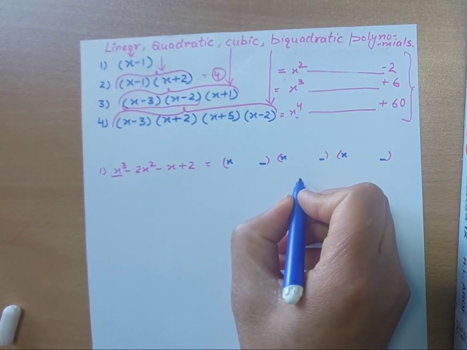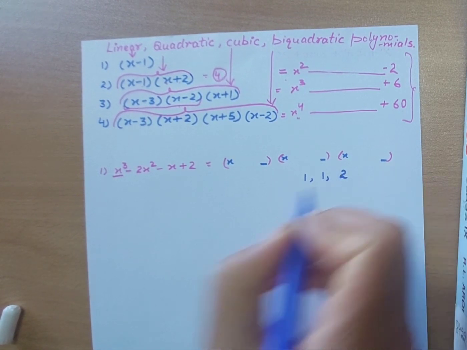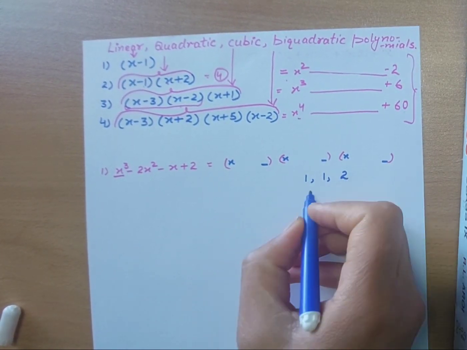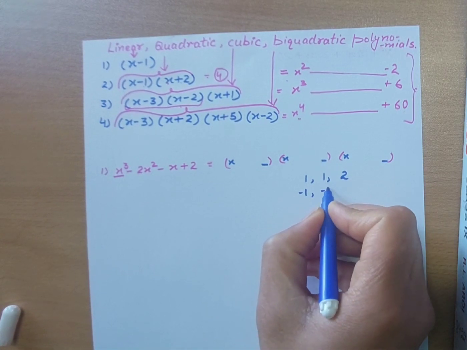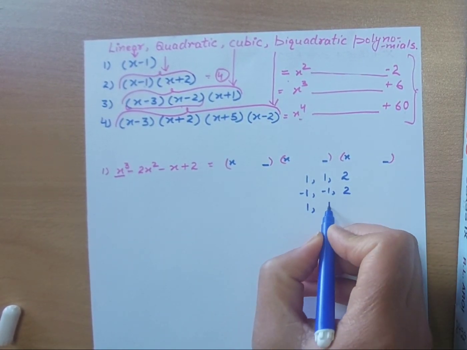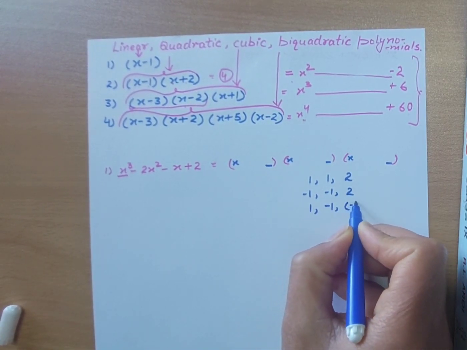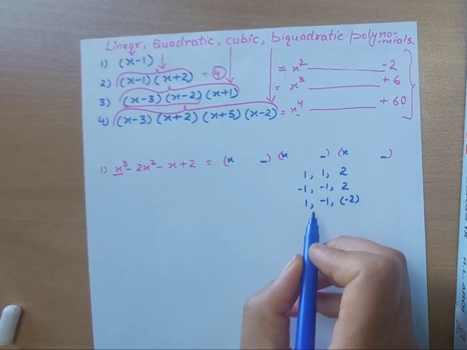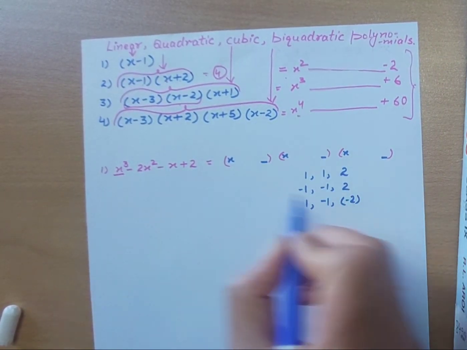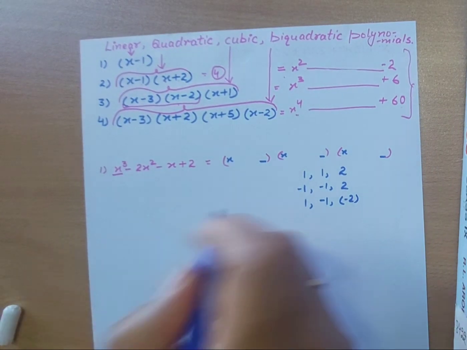Those are going to be 1, 1, 2, where all are positive, or it could be minus 1, minus 1 and 2, or it could be 1, 1, 2. This is going to give us positive 2, this is going to give us positive 2, and this is going to give us positive 2.